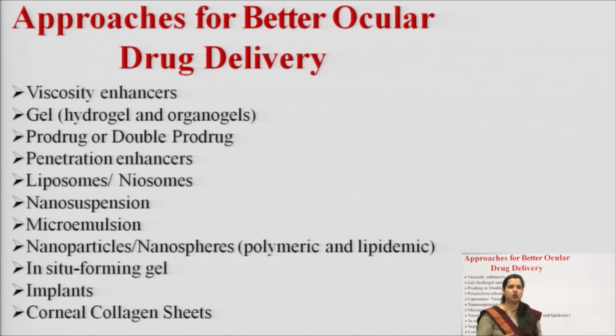Nanosuspensions and microemulsions are the liquid forms in the micro and nano range. Nanoparticles and nanospheres are the polymeric solid phases which are in the nano range. In situ forming gels. Implants, again your advanced drug delivery system. Corneal collagen sheets.